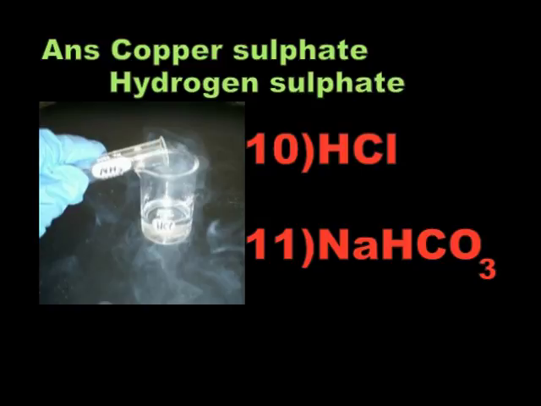This acid can be made by distilling common salt with sulfuric acid. Its old name was spirits of salts or muriatic acid. The best neutraliser for this acid in the laboratory is bicarb soda.